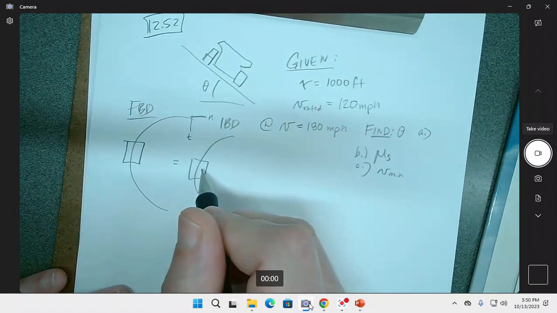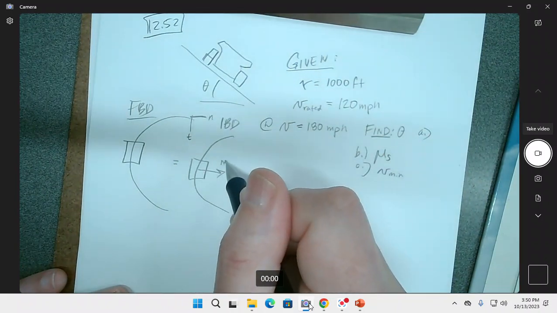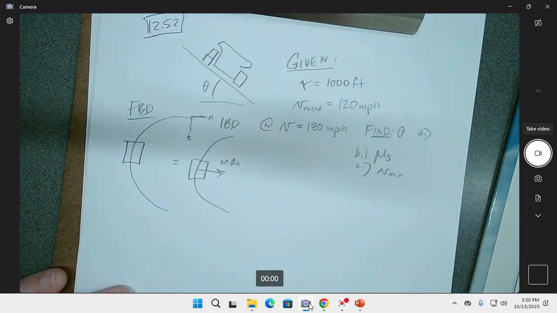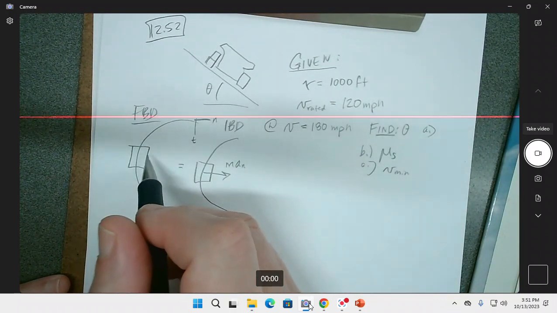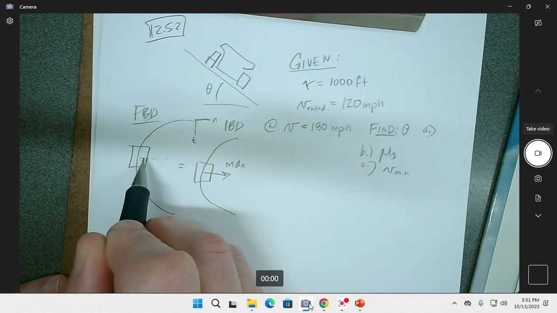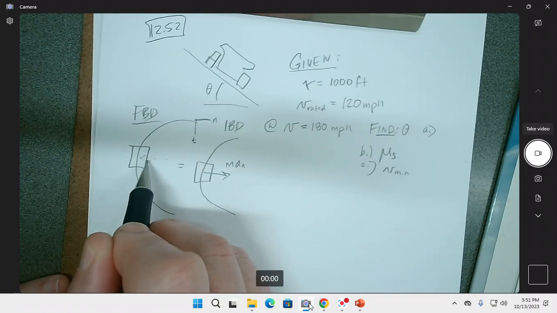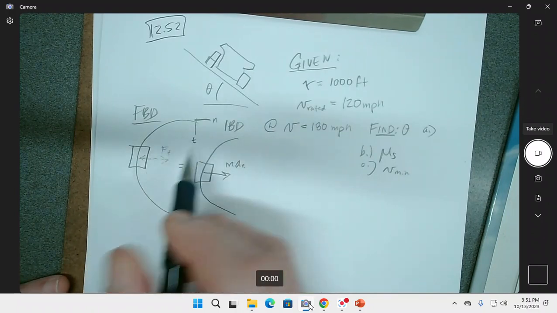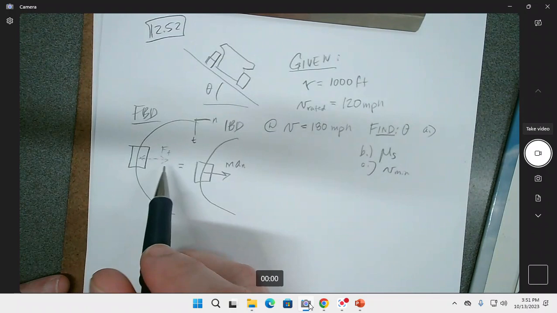Here's the normal direction. So it's going to have an m times the acceleration in the normal direction. It's likely going to have, I'll put a dashed line in there, a force in this direction. Some type of friction force that's taking place.